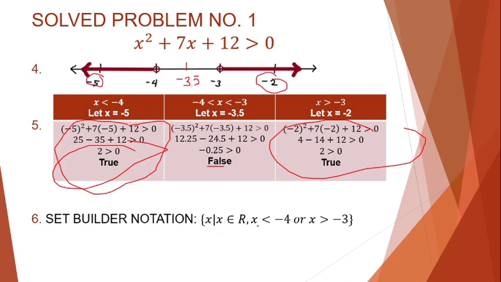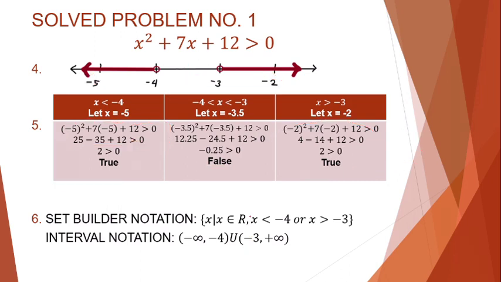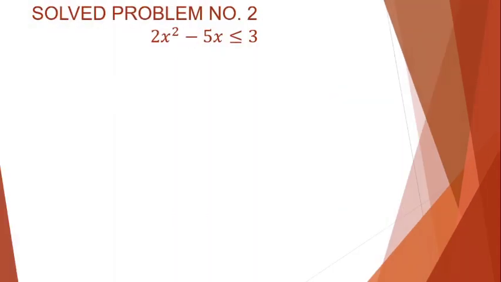We have x is less than negative 4 or x is greater than negative 3. Interval notation, ito. We have from open interval, negative infinity to negative 4, union negative 3 to positive infinity. So, yun po. Yun pa pag-indicate.